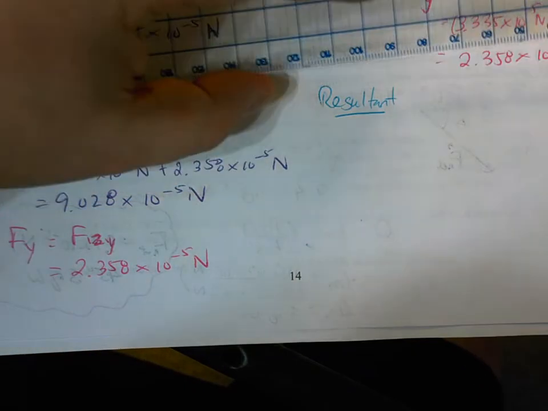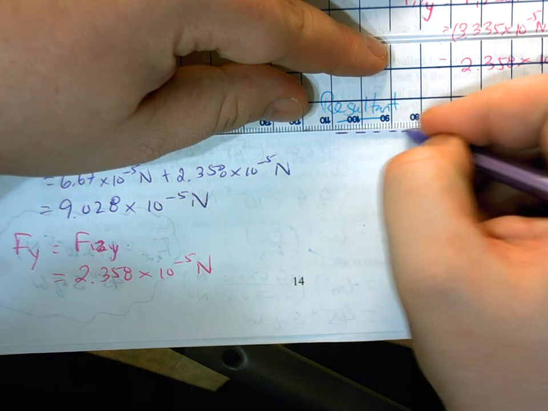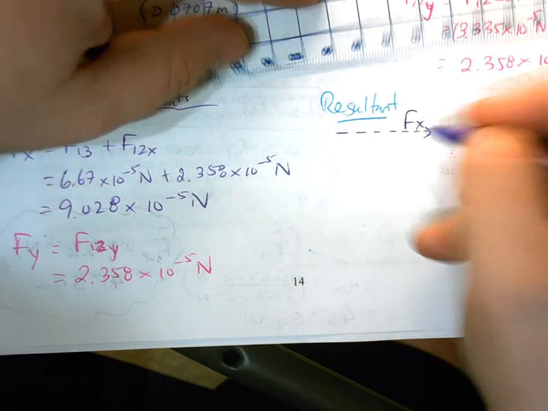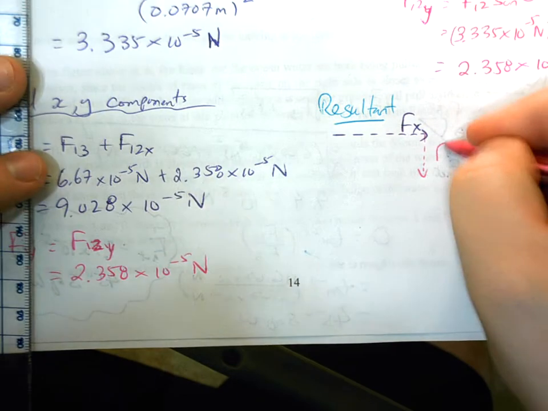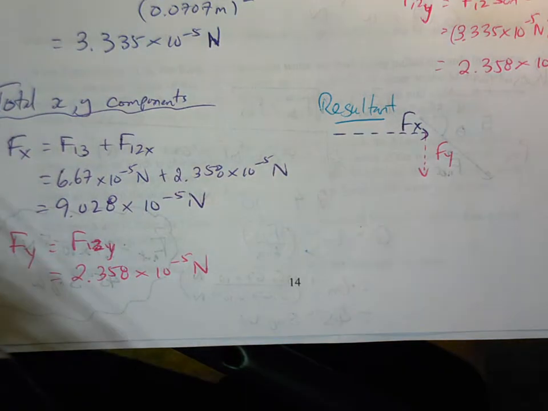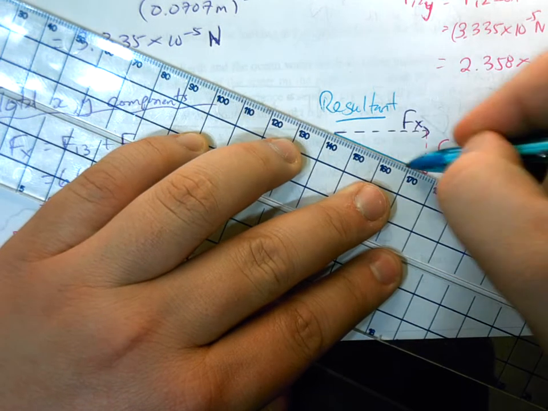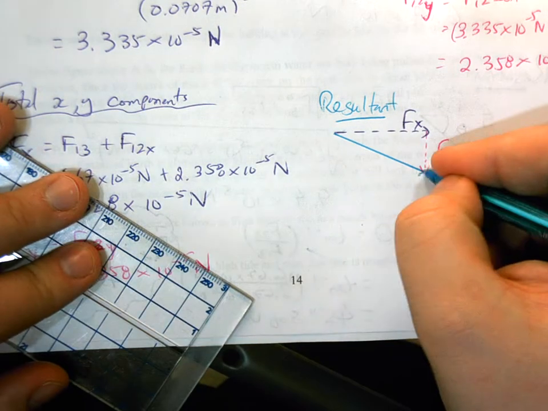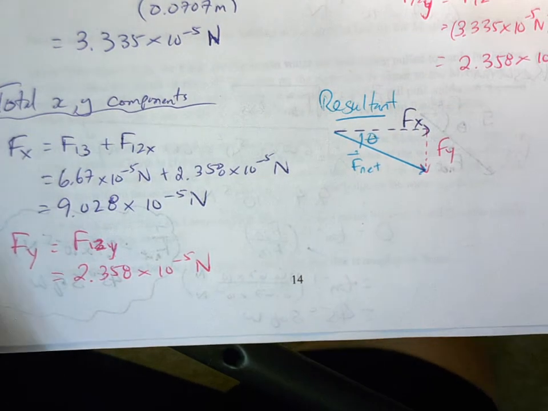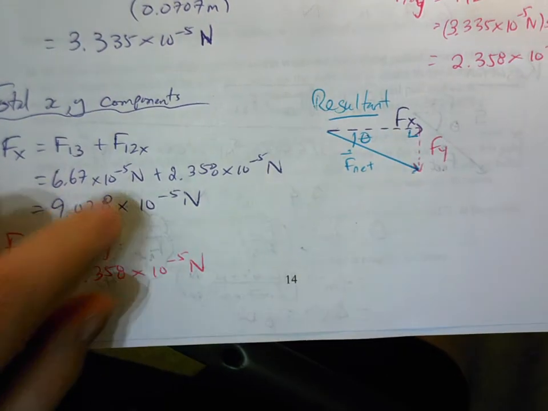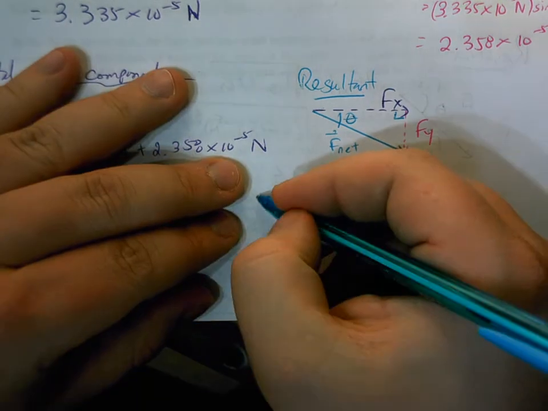So we have this Fx component, I have my Y piece down here, and then of course my net force is going to be along this line here. The X and Y components are going to make right angles. So we have to find two parts. We've got to find the magnitude and then the angle.